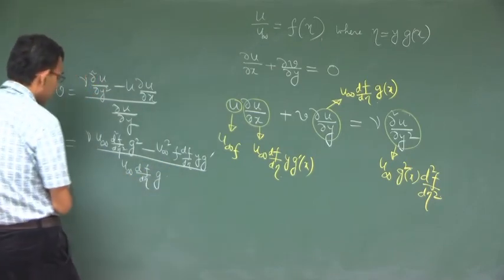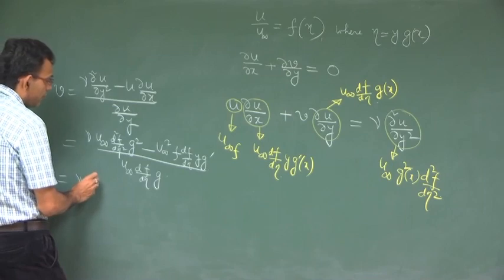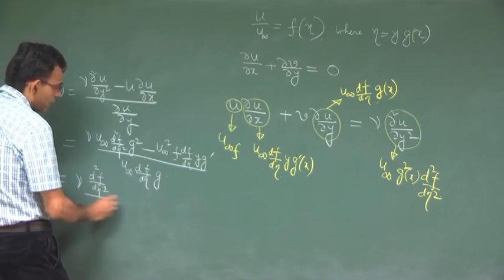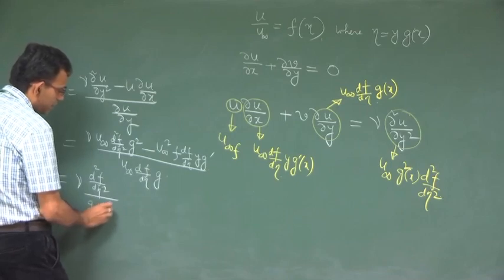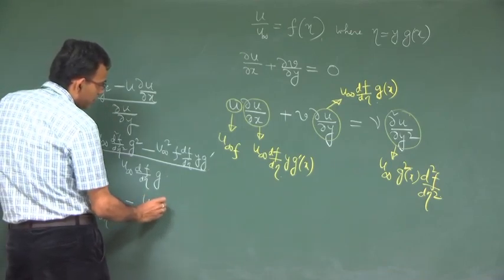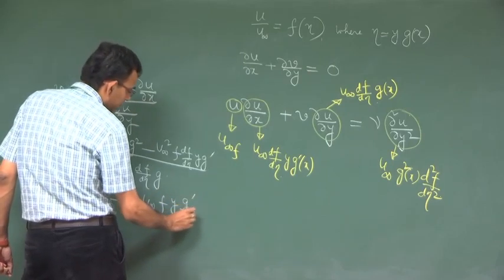So, this is nu d2f d eta 2 by g df d eta minus u infinity f y g dash by g.